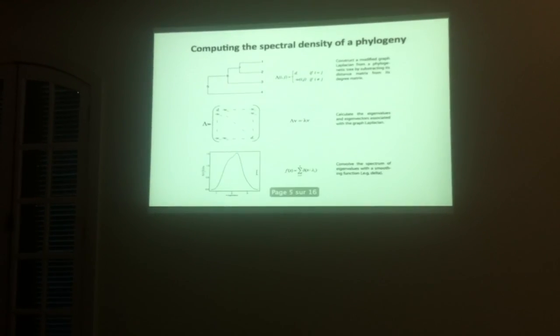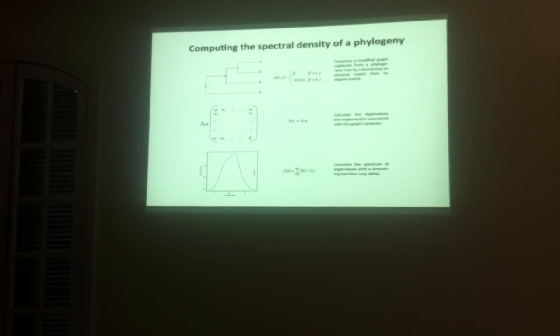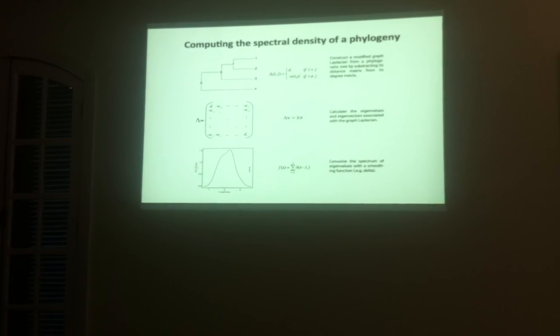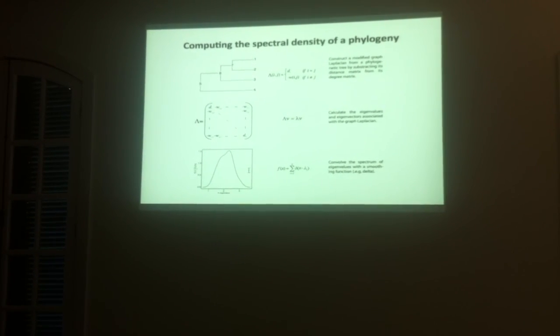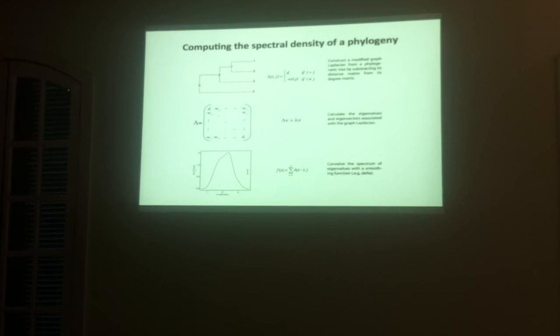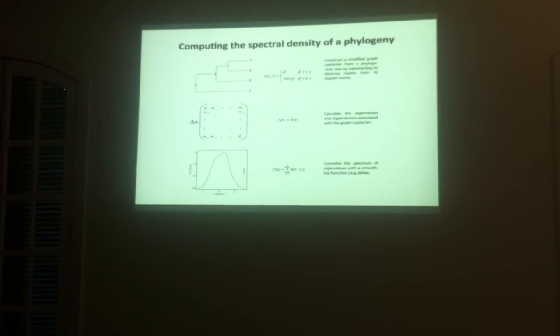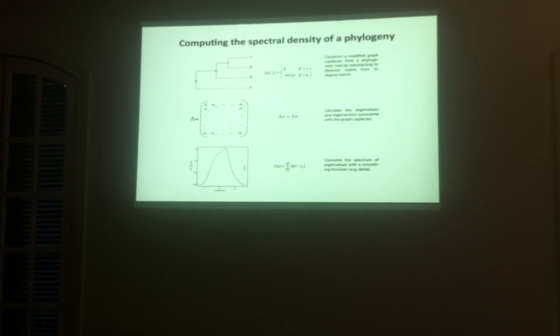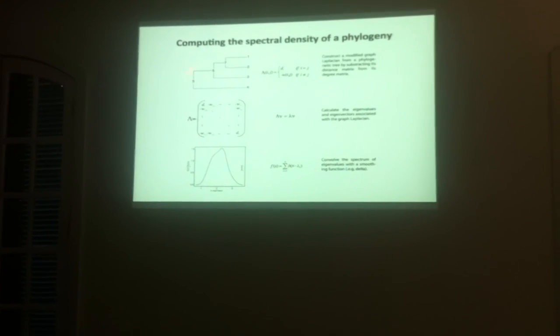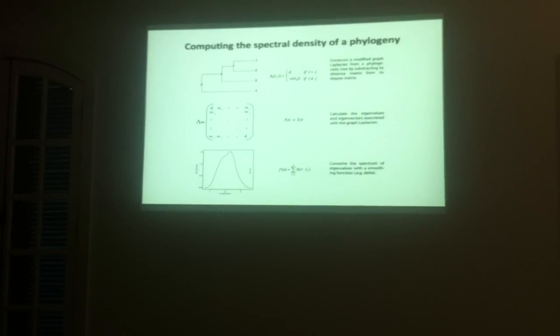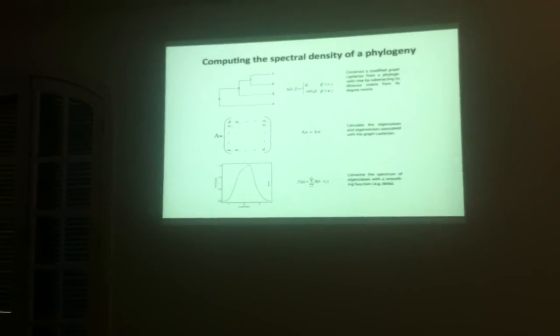Okay, so this approach takes some ideas from graph theory, basically representing phylogenies as a graph, which is a natural way to represent them. And we know that in graph theory there's been a lot of work done on how to compare graphs, how to measure their similarities, how distant they are, how to cluster graphs, and so on.